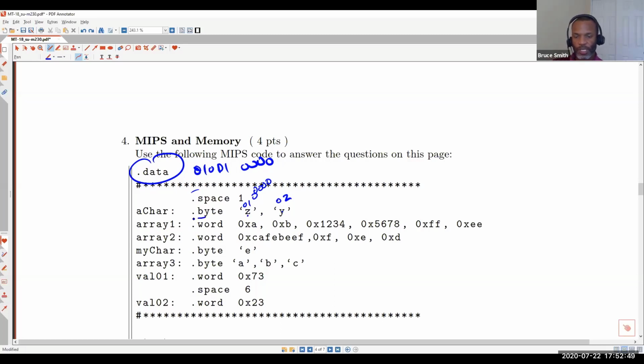Here's the big idea: anytime you have a .word directive, the elements that come after it must reside on multiples of 4, so-called word boundaries. So this won't be on address 3, but it will be placed at address 4.